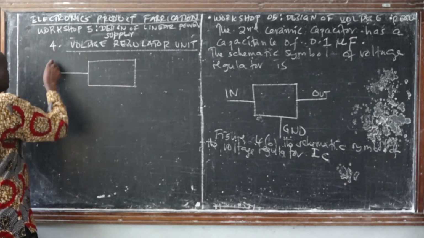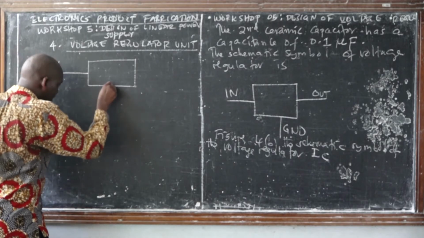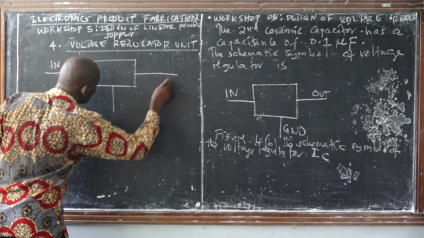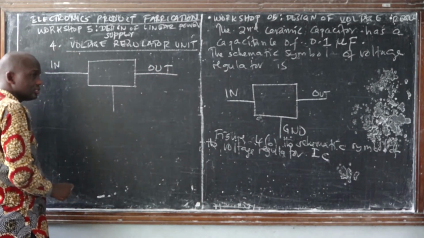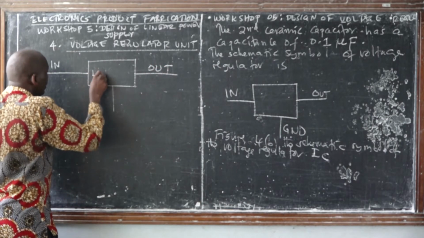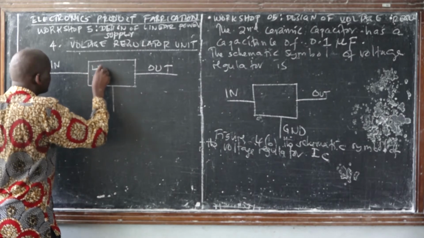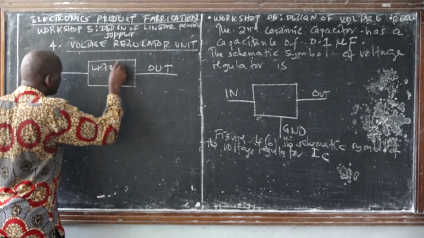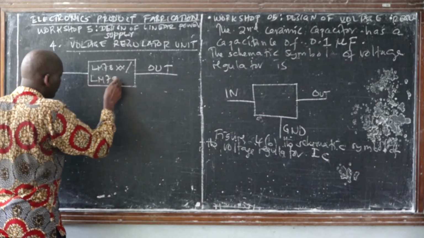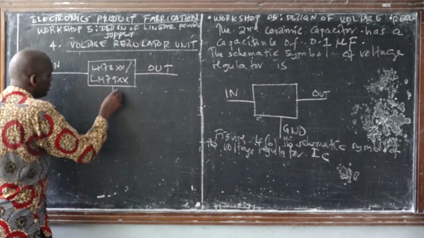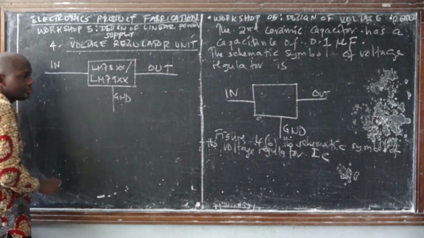So this is the input, this is ground, and this is the output, LM78XX or LM79XX.